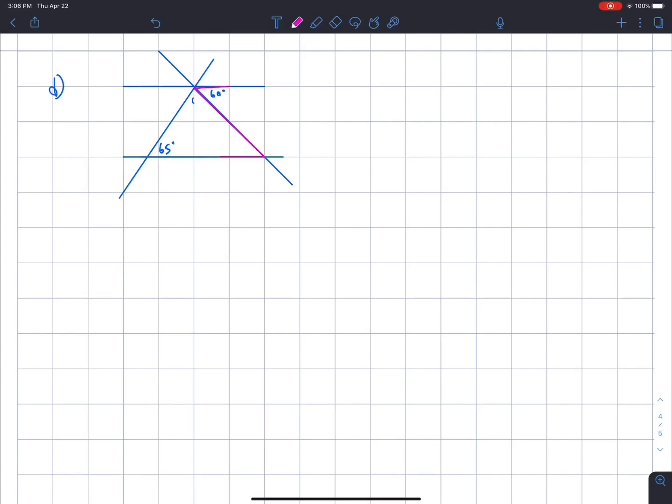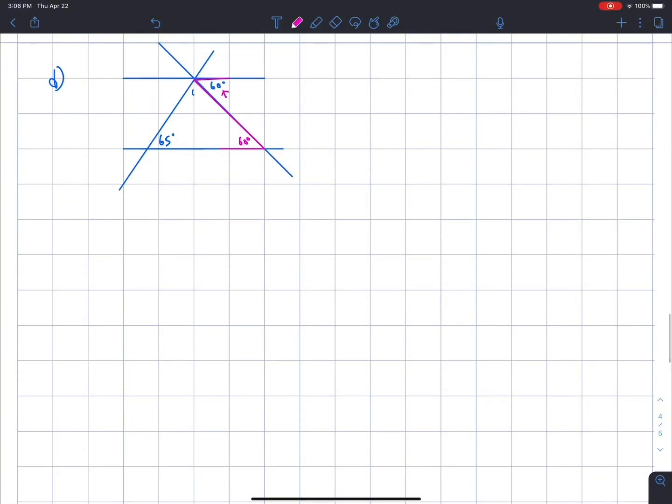So if that's 60, this must also be 60. And now the sum of all the angles in the triangle must add to 180. So angle 1 plus 65 plus 60 must be 180. So angle 1 plus 125 equals 180.